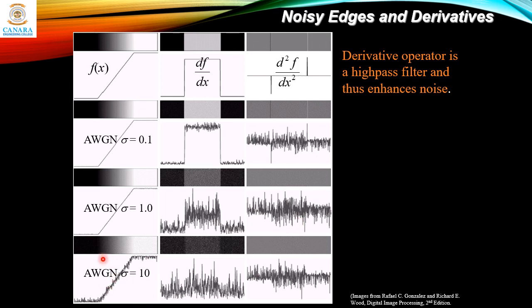As you approach the AWGN sigma of 10, the noise is totally dominating the responses. Edge responses are blurred by the noise. So this is the issue with first and second derivative edge detection techniques.